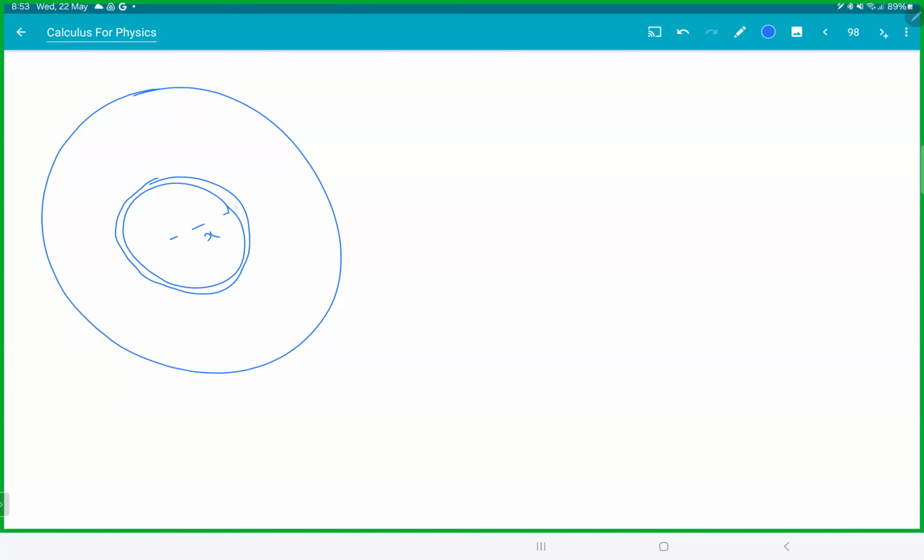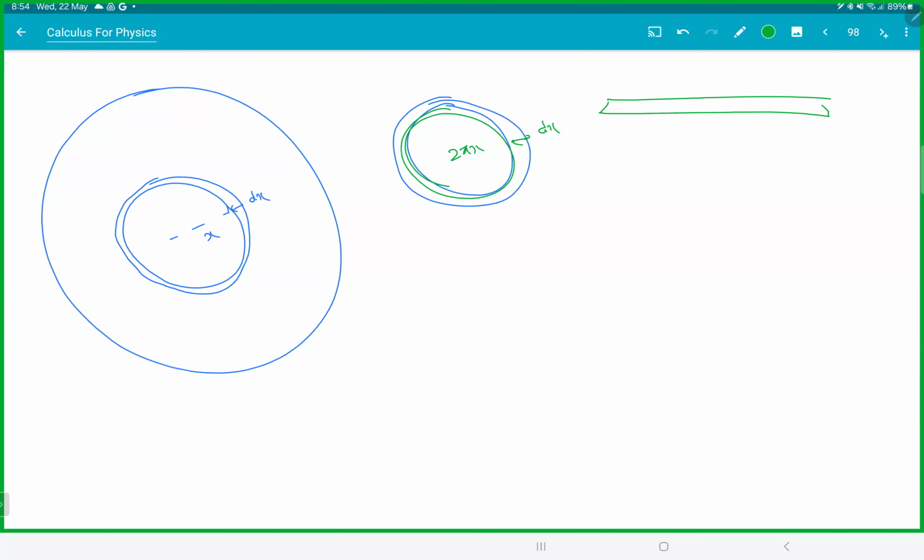Getting it? So we took a thin ring here of thickness dx. This ring's circumference is 2 pi x and its thickness is dx. When I cut it open, what you get is 2 pi x into thickness dx, so length into breadth is 2 pi x dx.